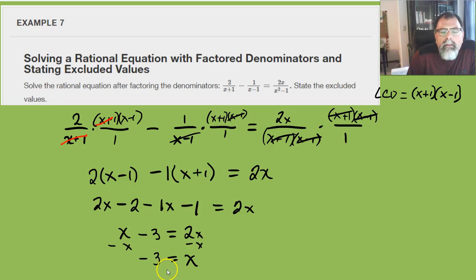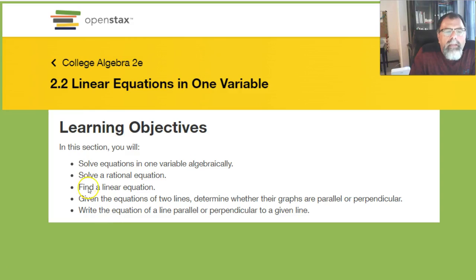And then we're done. So let's see, what things am I not allowed to use? They want us to state the excluded values. So x cannot equal negative 1, and then positive 1. So we're fine with the negative 3. That's our solution set. All right, on to the next learning objective.